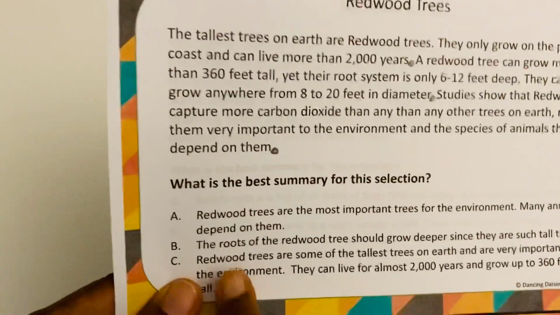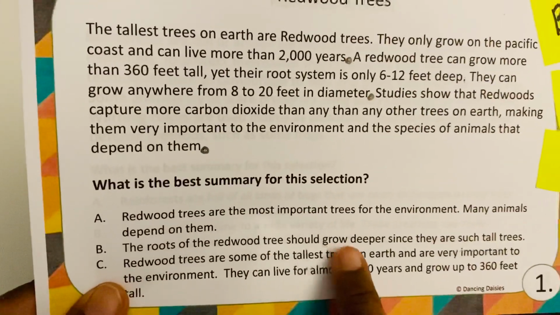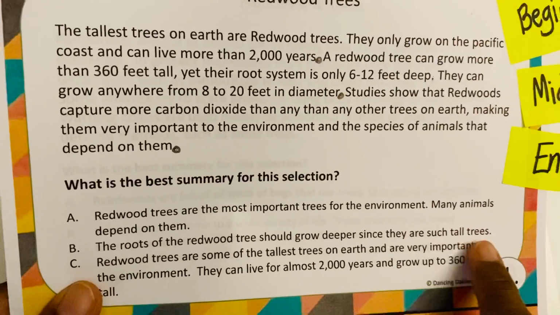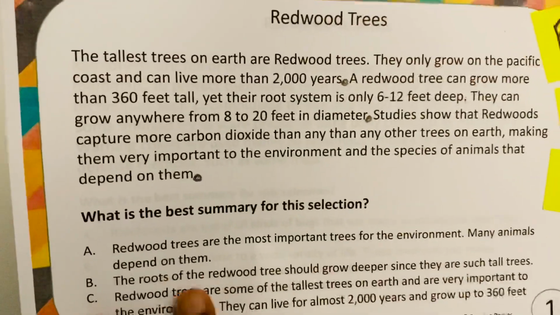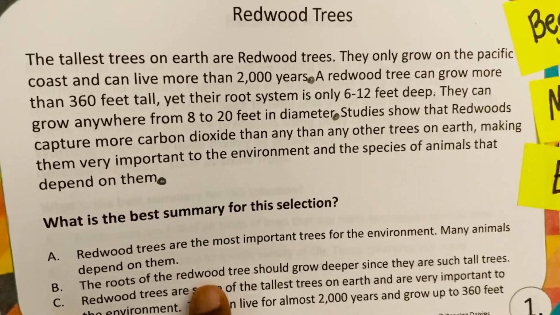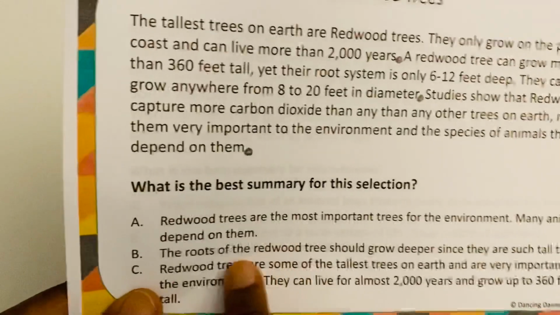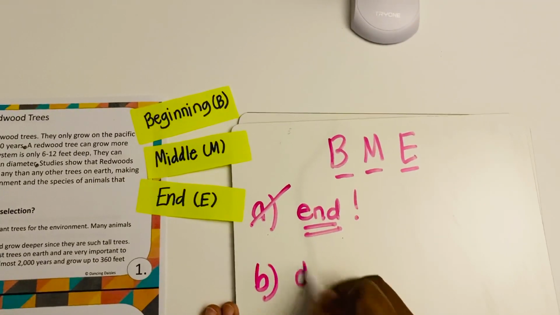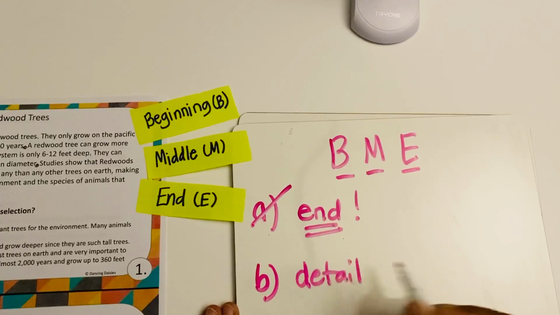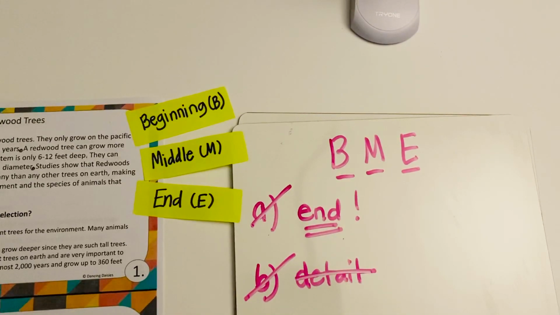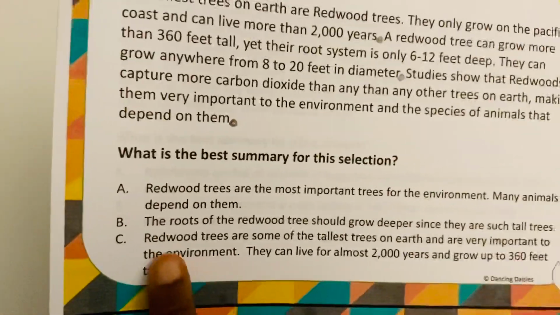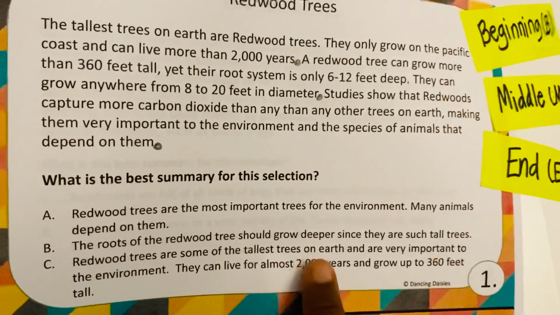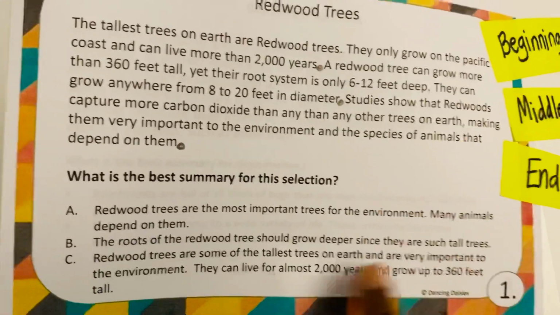Look at choice B. The roots of the redwood tree should grow deeper since they are such tall trees. Now, wait a minute. I feel like that's just a small minor detail. That's not even like a main idea. So choice B for me, that's not even a main idea statement. That's out of there. Only one left, but let's see if it's right. Redwood trees are some of the tallest trees on earth and are very important to the environment.